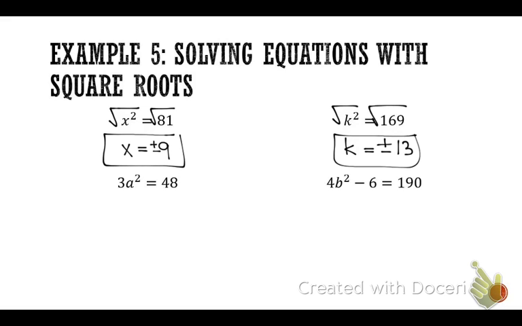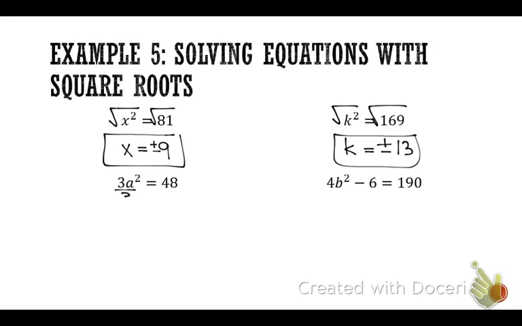Okay, so now let's go down to the bottom left problem. Now, not only do I have an exponent of 2, but I also have multiplication connected to my variable. So my rule says that I do the square root last, that I have to first get everything else to the other side. Well, if multiplication is what's connecting my 3 and my a, what am I going to do to both sides to move the 3 to the other side? I'm going to divide.